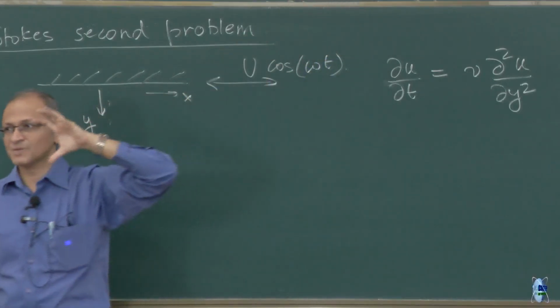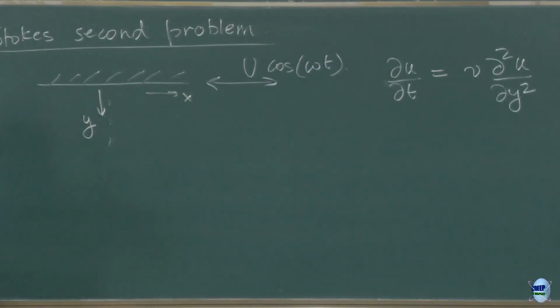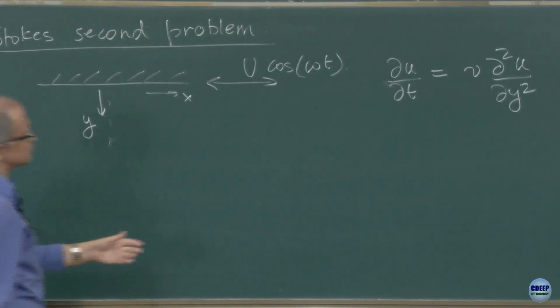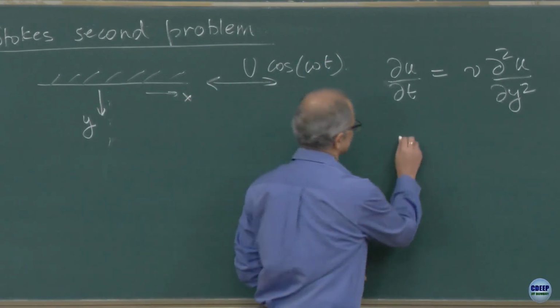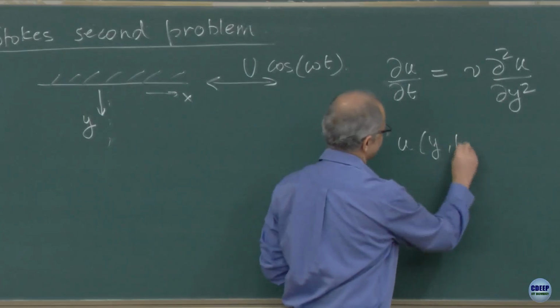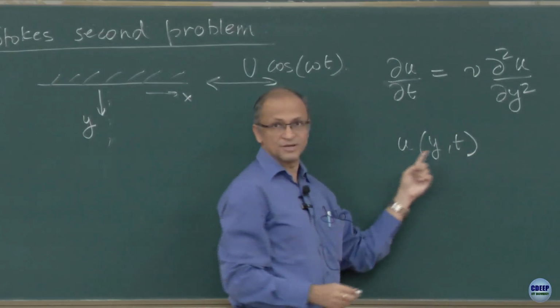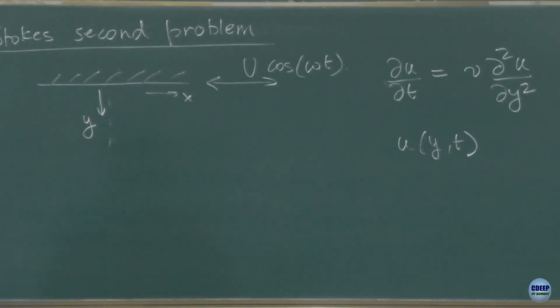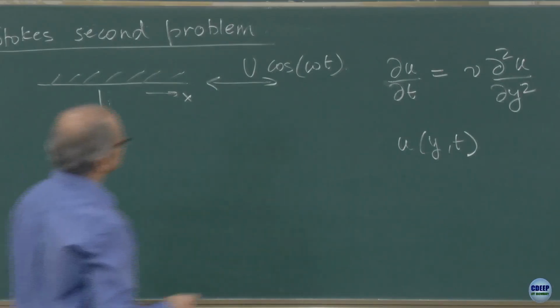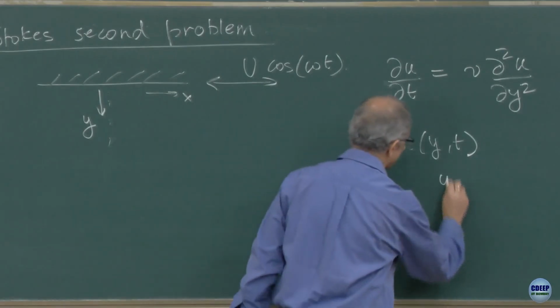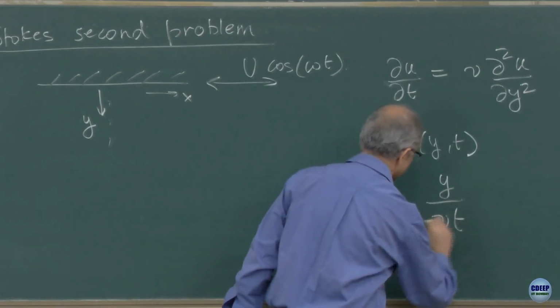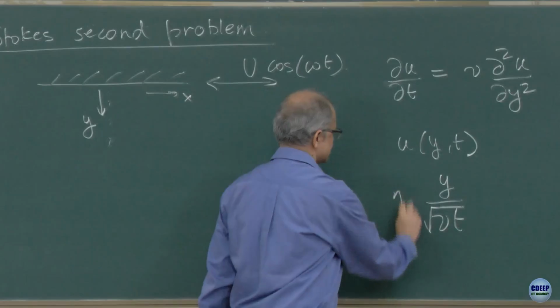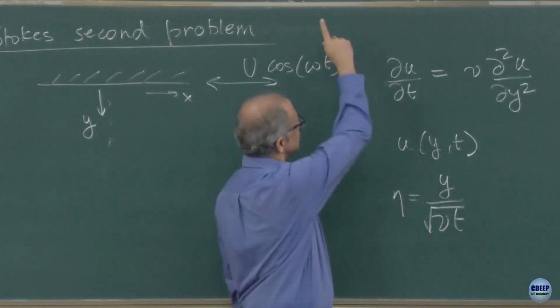And what we said by similarity is that instead of u being a function of y and t, so there are two independent variables, y and t, by similarity we mean that there is a single variable which is governing the behavior, which is essentially y upon square root of nu t. Okay, so this is my similarity variable that we had earlier.